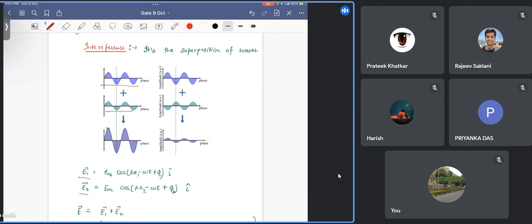So superposition of waves will give another wave which has a different amplitude and it may have a different frequency as well. We are not going to talk about the frequency part here, so we keep our frequency constant. The only focus of interference is to change the phase of the wave.